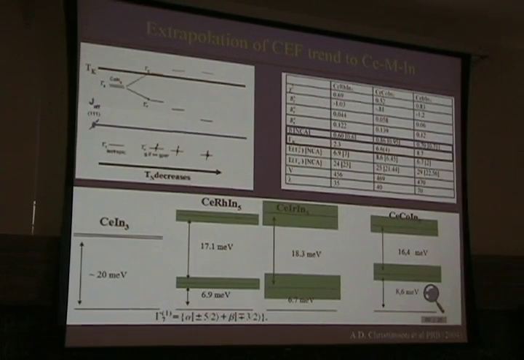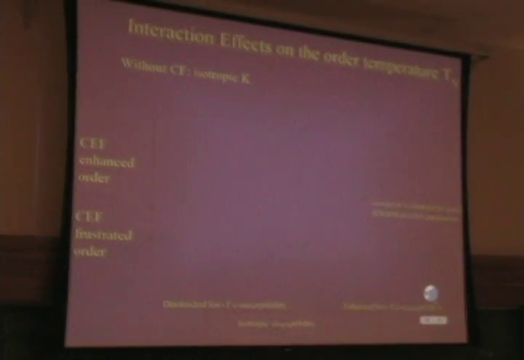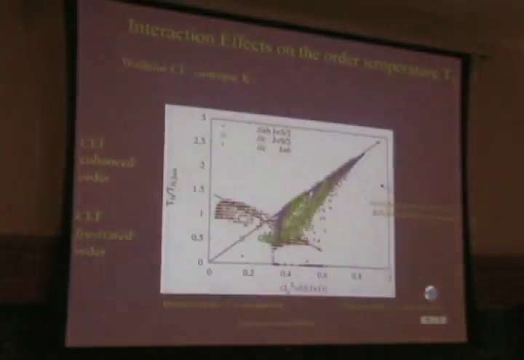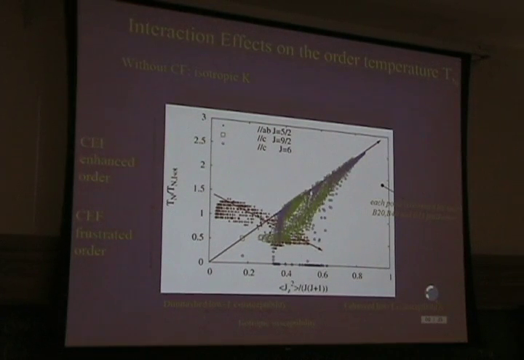And how about this evolution of this parameter here, the change in this wave function? May this be important for the properties of the 115? Well, let's see the behavior in T_N. Okay, so let's try to explain this plot. So that's the Néel temperature normalized by the isotropic temperature, related to the cubic compound.